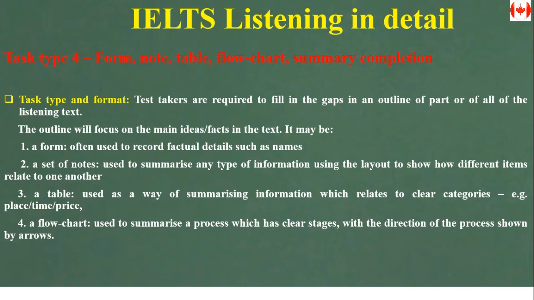Or a set of notes used to summarize any type of information, using the layout to show how different items relate to one another. It might be a table used as a way of summarizing information related to clear categories like place, time, price, etc. It might be a flow chart used to summarize a process which has clear stages, with the direction of the process shown by arrows.